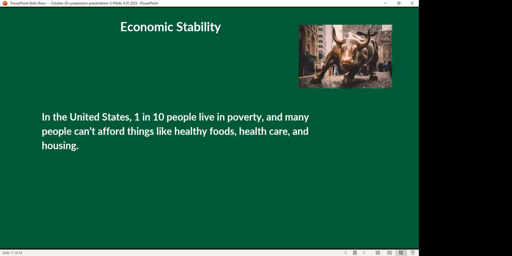So let's start with economic stability. 1 in 10 people in the United States lives in poverty, and many individuals cannot afford things like healthy foods, healthcare, and housing.